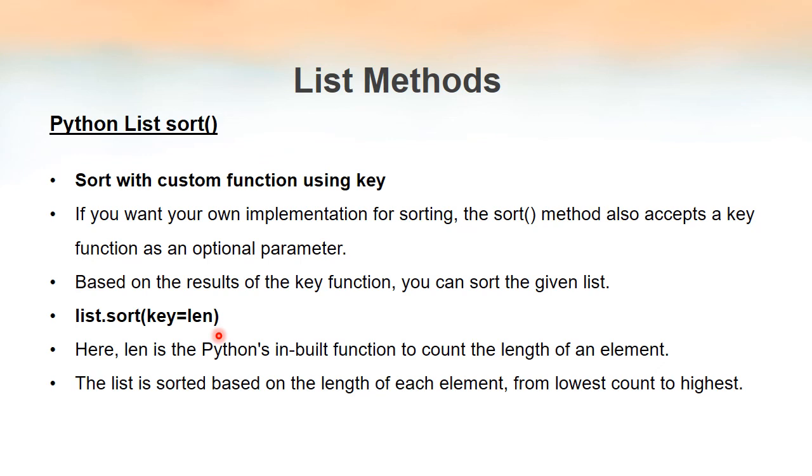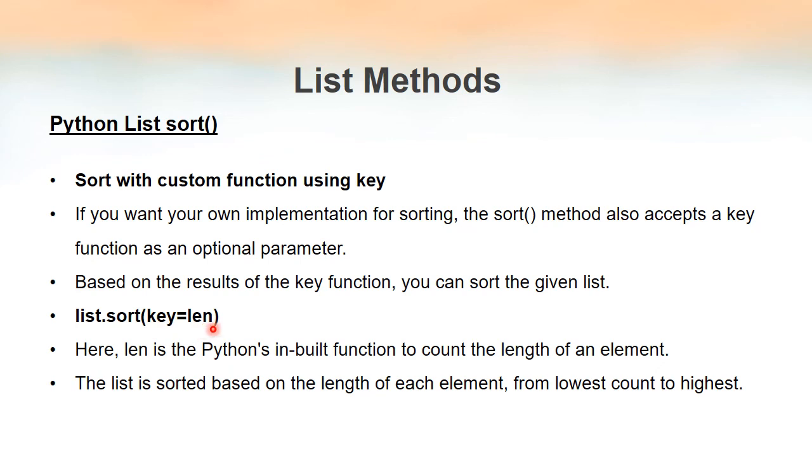If you want to sort that list based on the number of characters in each word, then we can make use of this function, key equal to len. In that case, we'll be getting a list sorted based on the number of characters in each word, from the smallest word towards the largest word. That is how we'll be getting the output if we are mentioning the function as key equal to len.